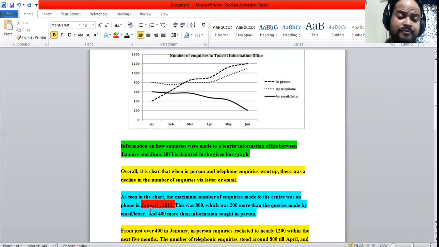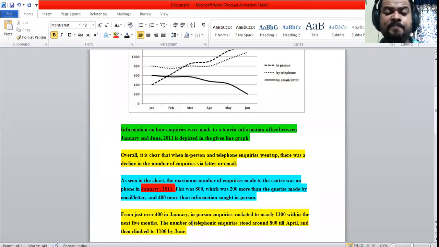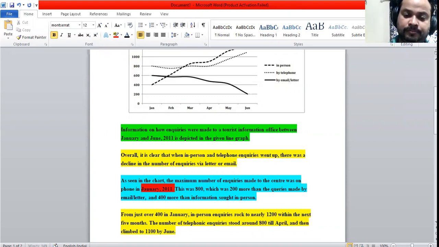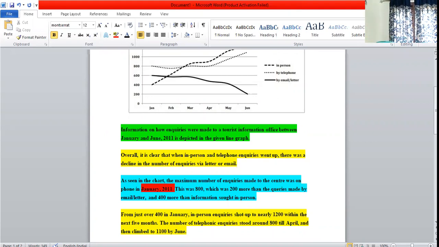So I have to change this particular word there. From just over 400 in January, in-person inquiries shot up to nearly 1200 within the next 5 months.